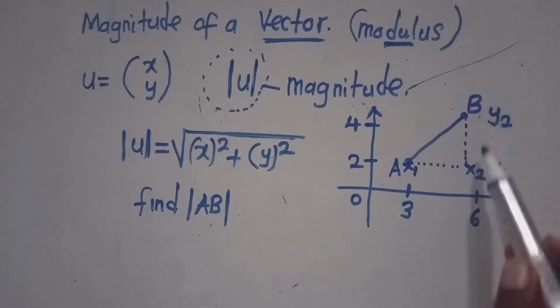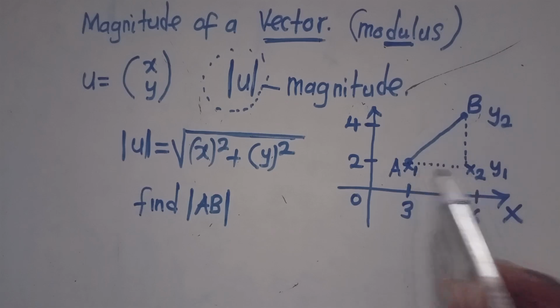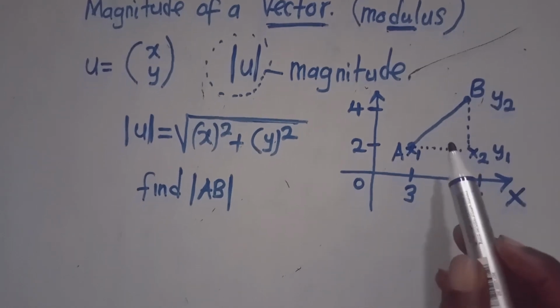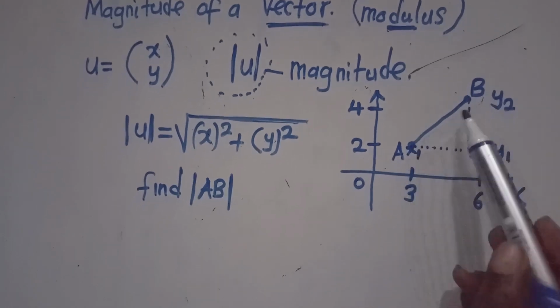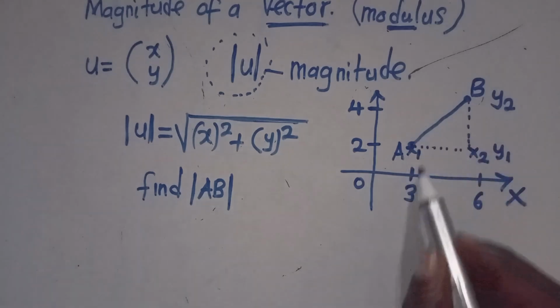You find the difference on the y-axis and the difference on the x-axis. So whenever you see points like this, in a question of this nature, a point that is here, you know that this is what?